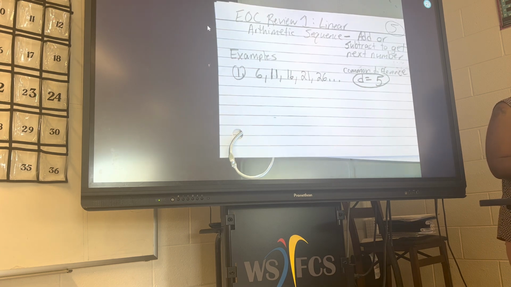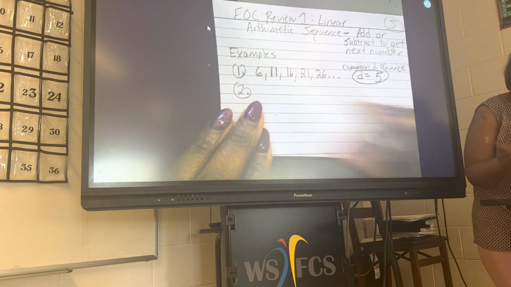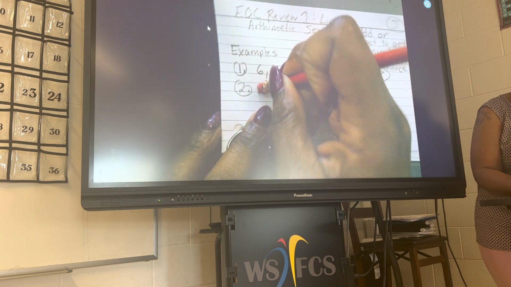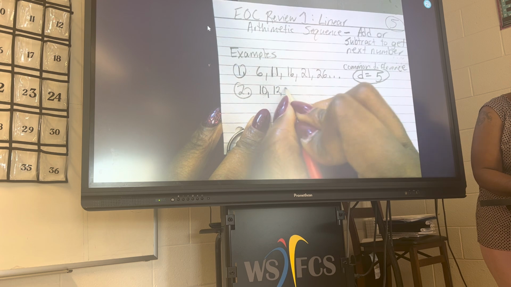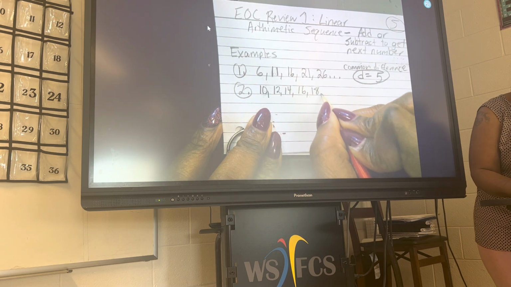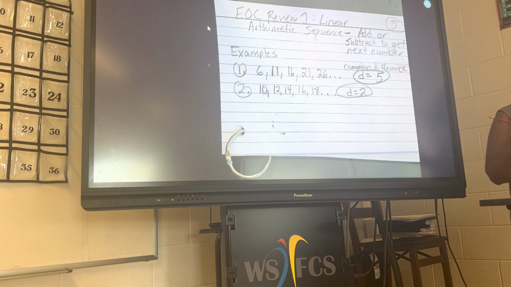See if you can do this one. Tell me what this one is. Let's start with a different number. What's the common difference here? 2. The common difference here is 2.